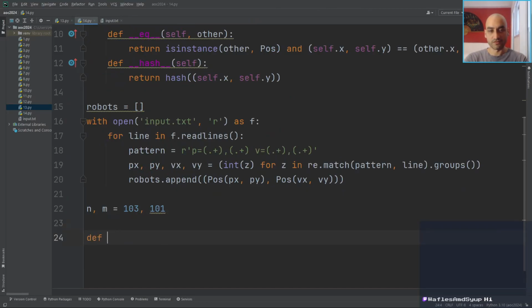All right, so we want to define get destination of a robot, given its pos, its vel, and the number of steps we want to iterate.